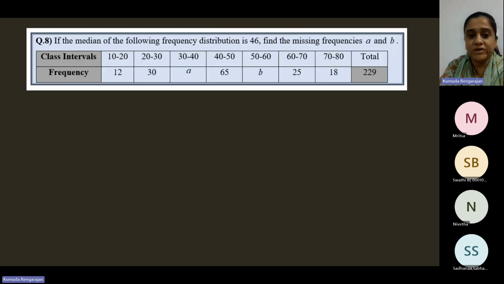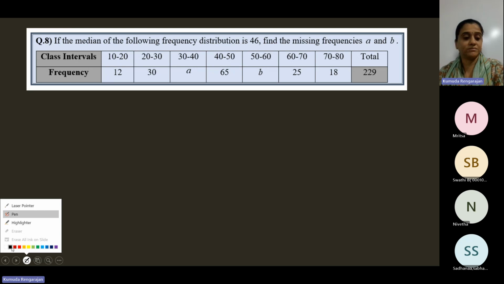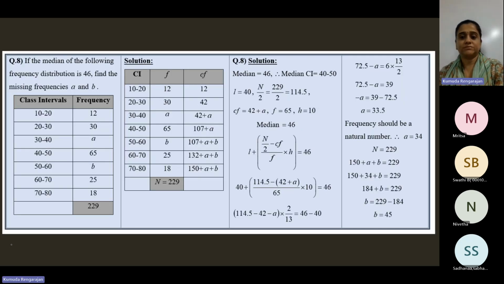When two frequencies are missing, so here A and B, you will be given the median and the total of the frequency column. Like there also in mean, when we had to find two missing frequencies, we'll be given the value of mean and the total of the frequency column. Same thing here also. So we know the total of the frequency column is 229.